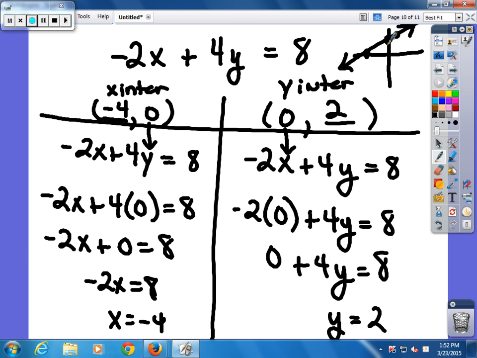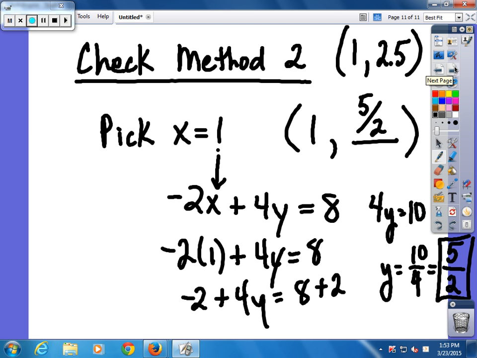And that's how you do a check. Well, what if you can't choose x is equal to 1? Well, choose x is equal to 2, or x is equal to 500, whatever you want to pick. And that's how you do a check, and that's method 2.